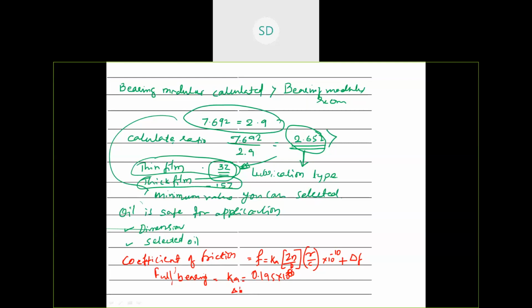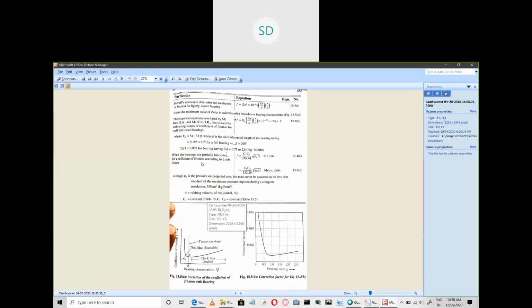Delta F equal to 0.002, for a bearing having L by D ranging from 0.75 to 2.8. We can also refer to figure 15.5 to get the value of delta F. R by C is 1000. Now let us substitute all values.